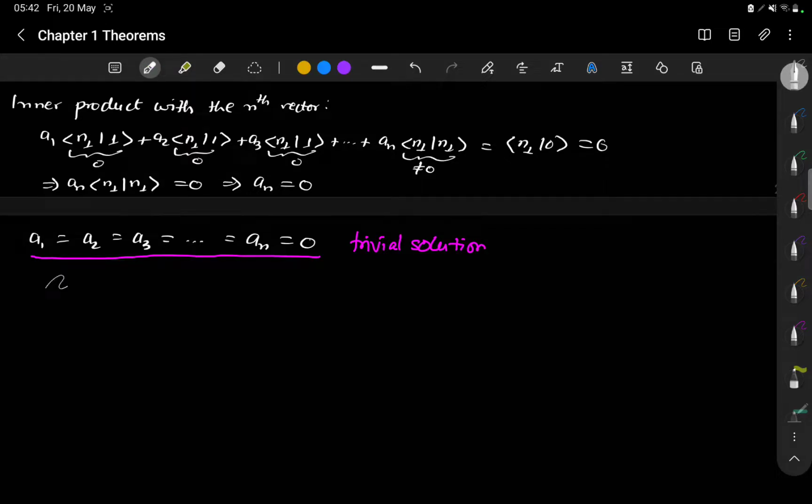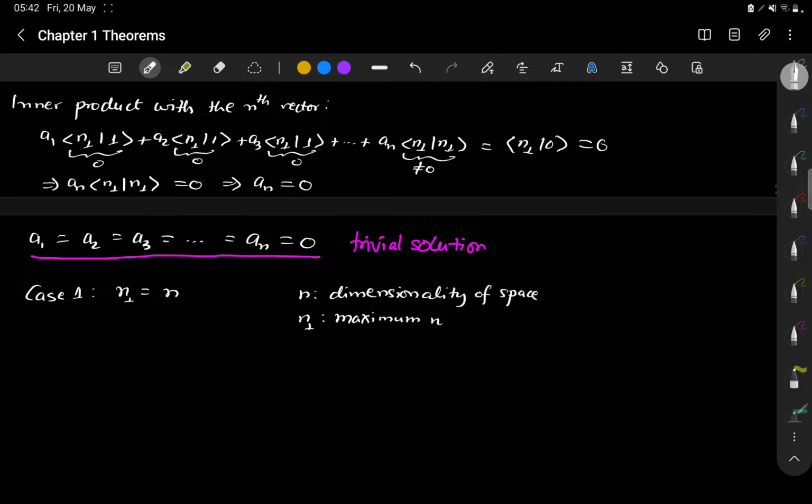Case 1: n perpendicular equal to n, being the dimensionality of the space, and n perpendicular is the maximum number of mutually orthogonal vectors.